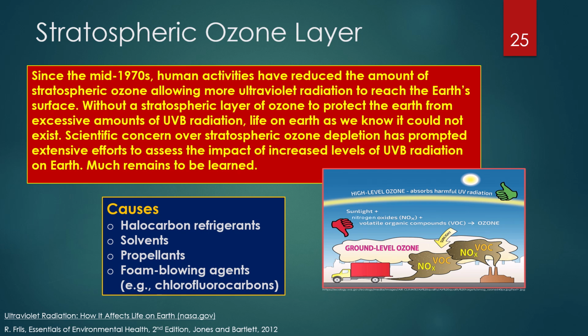Without that protective ozone layer, life on Earth as we know it could not exist. Concern about stratospheric ozone depletion has prompted extensive efforts to assess the impact of increased levels of UVB radiation on Earth. Much remains to be learned.